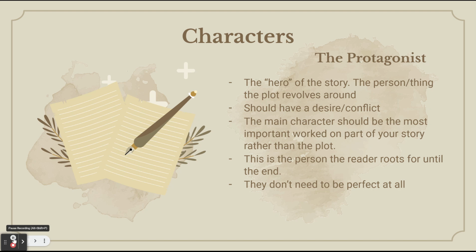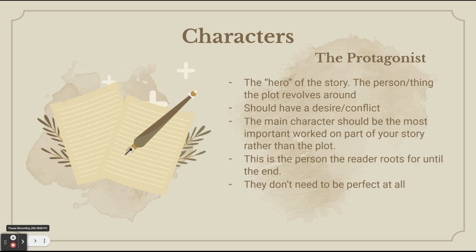Now, your protagonist, you should design them in a way that they are not Superman without a kryptonite. They will have a kryptonite. And along with that kryptonite, they should also have a goal, a desire that they want to reach. And along with that desire comes a lie, a conflict, something that's stopping them from reaching that goal.